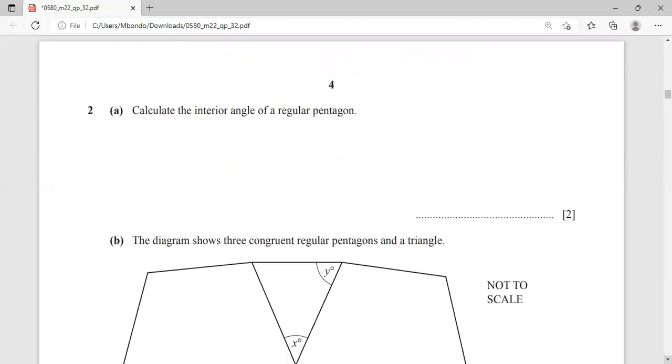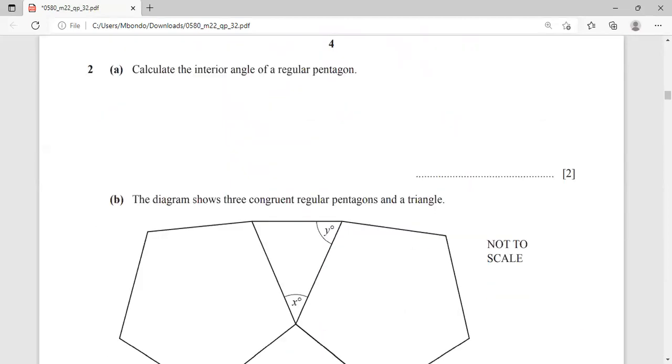Okay. So we have a question here, which is: calculate the interior angle of a regular pentagon. The easiest way is, let me write you this formula here.